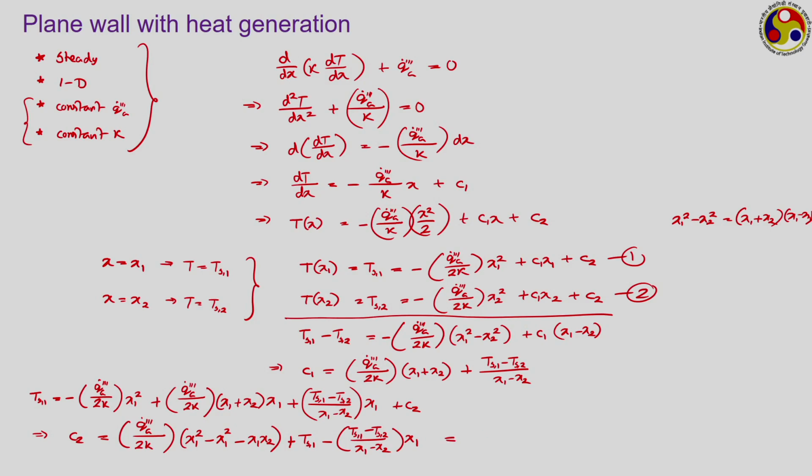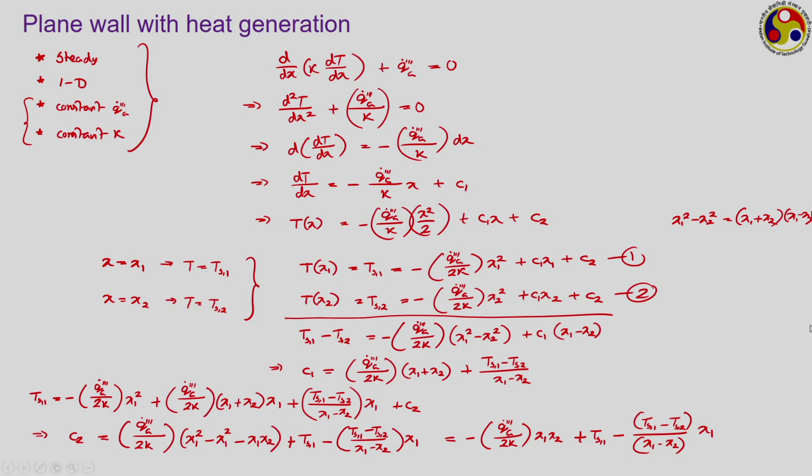Just simplifying this expression for C 2 one step more. So, we are left with minus of q 0 triple prime upon twice k into x 1 x 2 plus T s 1 minus T s 1 minus T s 2 upon x 1 minus x 2 into x 1. So, you have got the expressions for C 1 and C 2.